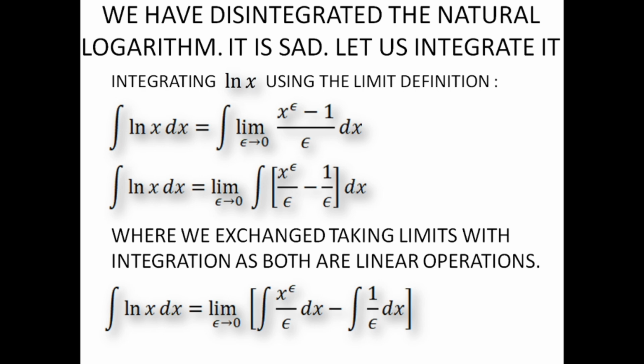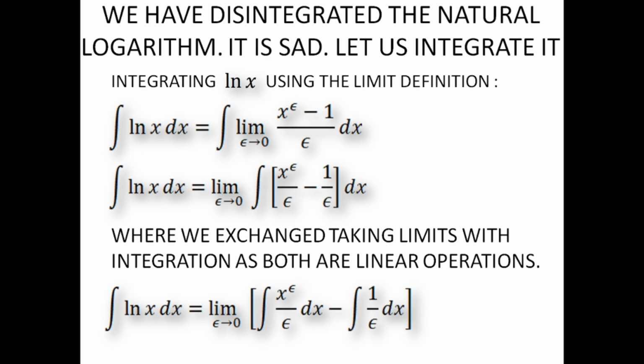So the integral of ln x dx is equal to the integral of limit epsilon goes to 0, x power epsilon minus 1 by epsilon, dx. So now we have exchanged integral with limit. That's not rigorous mathematics, but that can be done. They are linear operators, taking limit and integration, so we can exchange them.